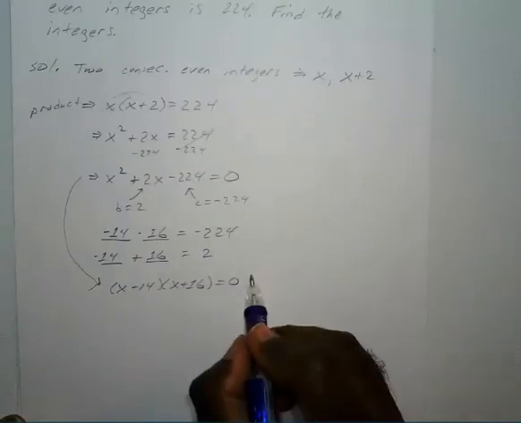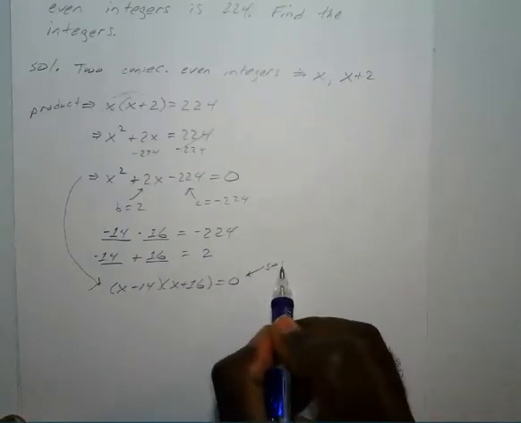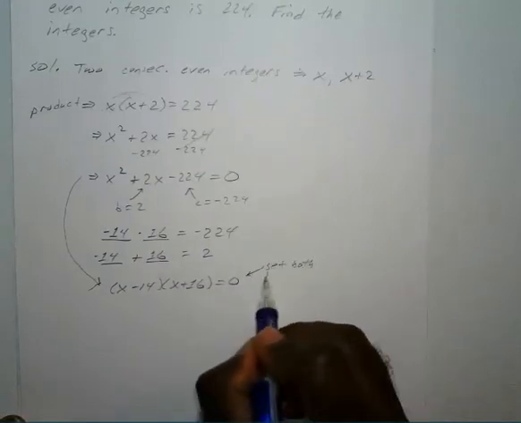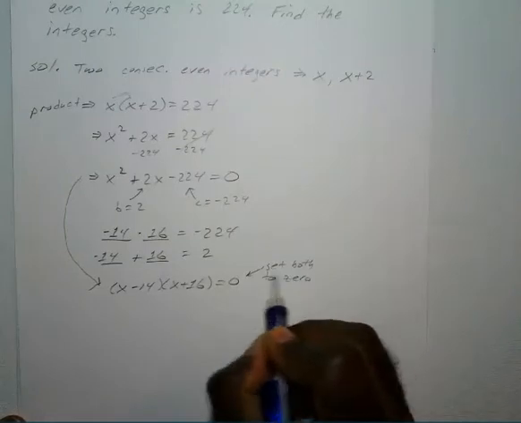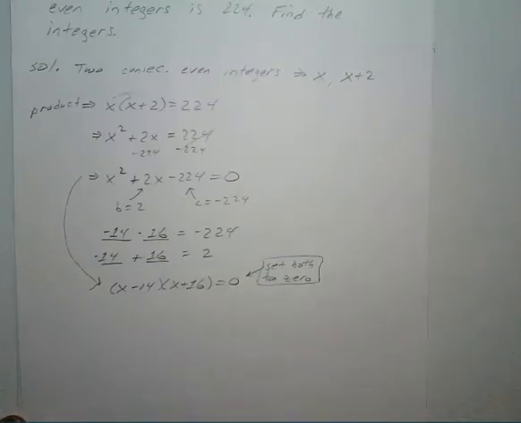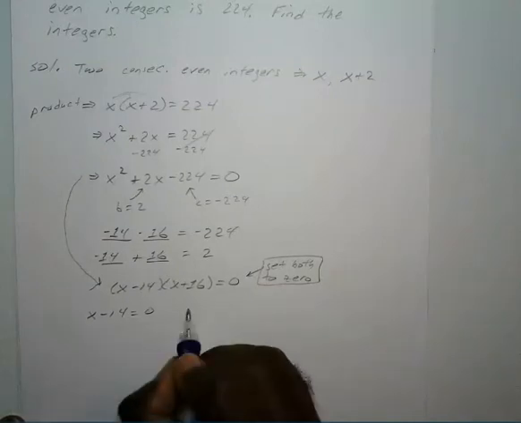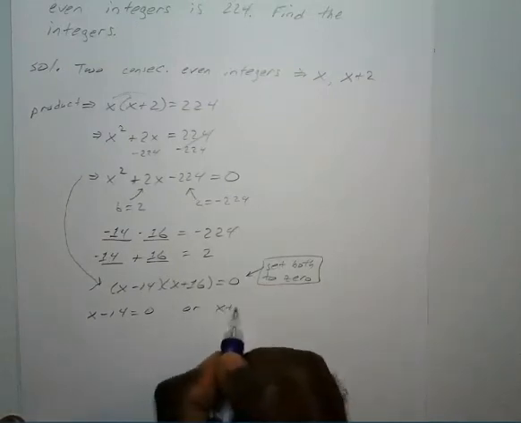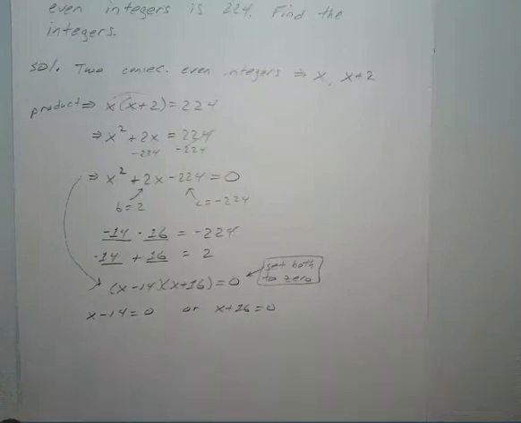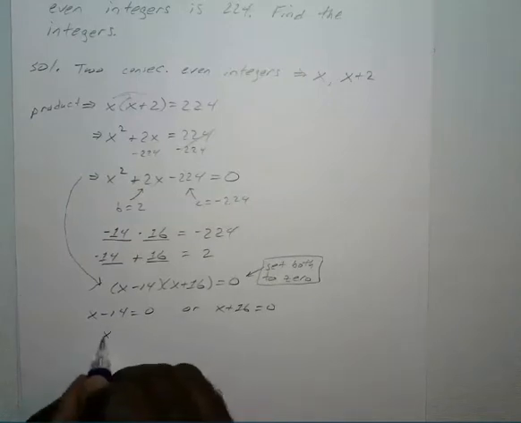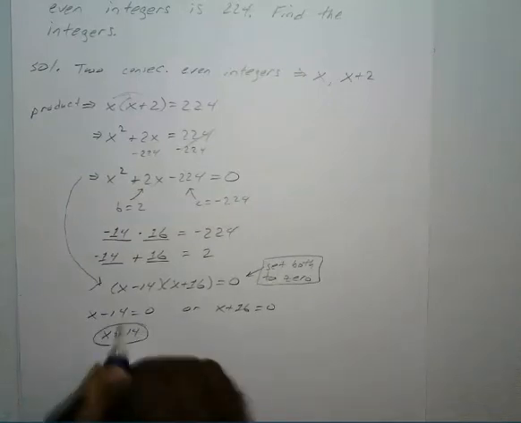Again, we just set both to 0. So we have x minus 14 equals 0, or x plus 16 equals 0. If we add 14 to both sides, we get x equals positive 14.